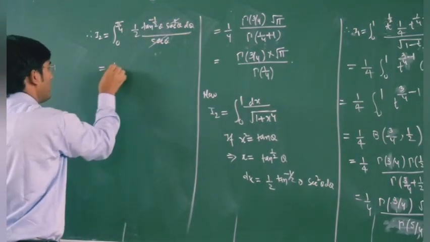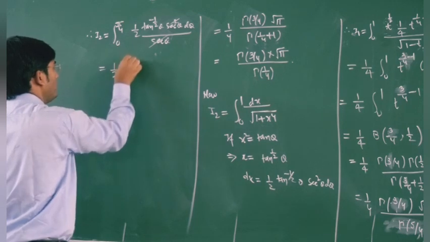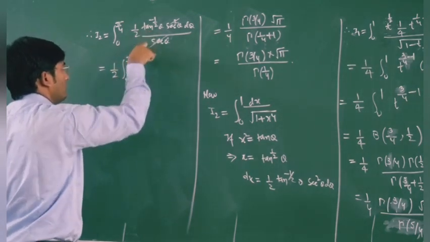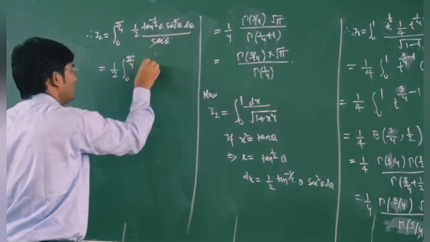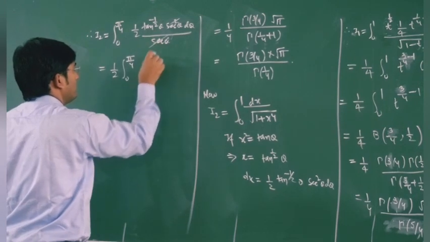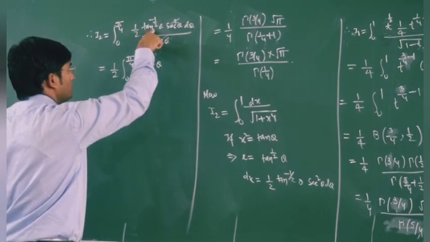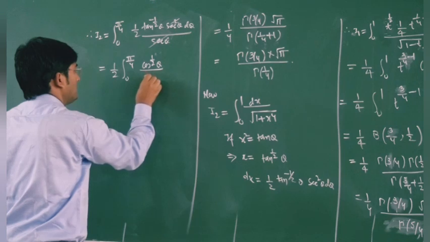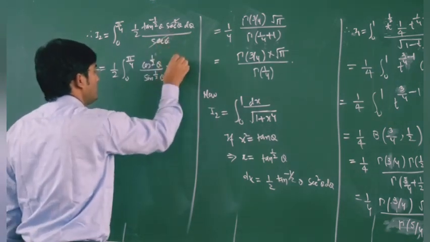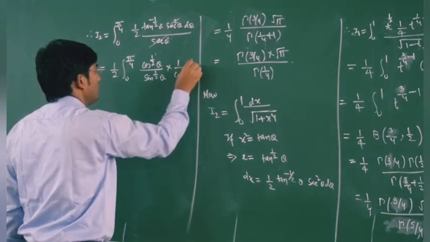So this is equal to 1 by 2, 0 to pi by 4. Now this can be written as cos half theta upon sin half theta, and then we will have 1 by cos theta into d theta.